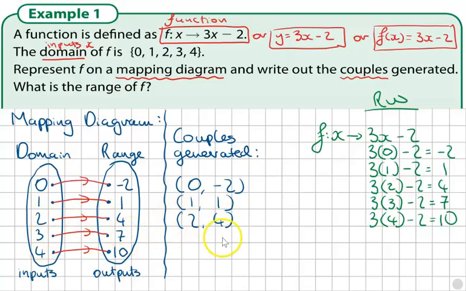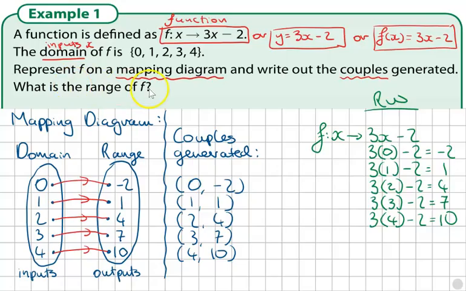Then 3 maps to 7. So 3, 7. And 4 maps to 10. So 4, 10. It's very important that the domain comes first and the range comes second. It's wrong to say 10, 4. It has to be 4, 10. That's really important. So the domain, our x values or our inputs, must always come first, and the range, our y values or our outputs, must always come second.